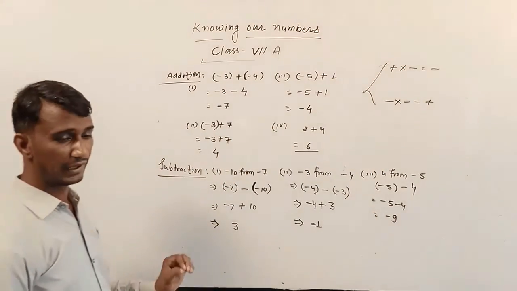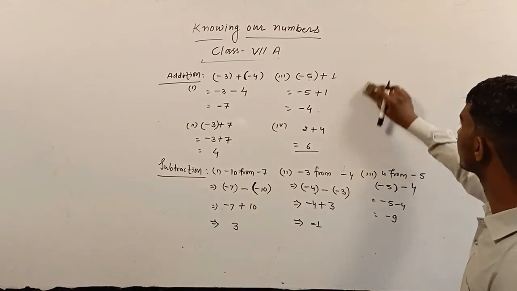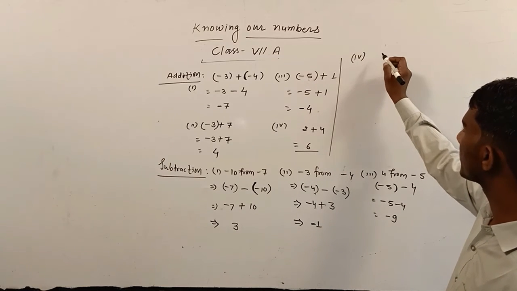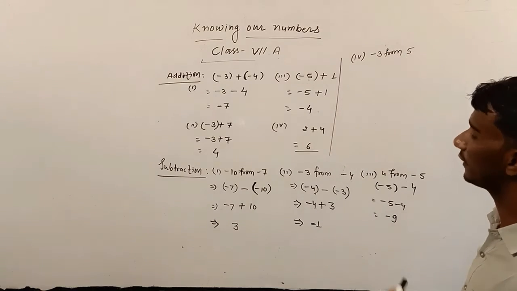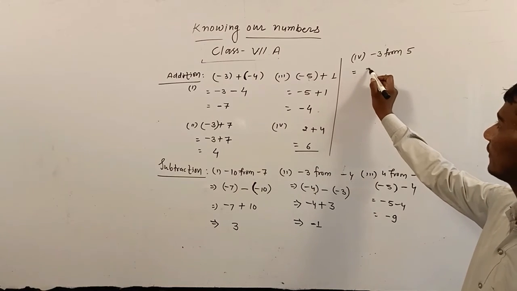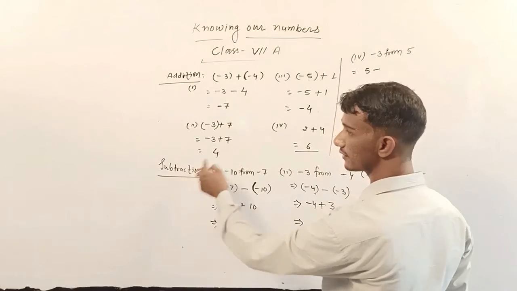Okay, and last and final example related to subtraction. Subtract minus 3 from 5. So first we write 5, after that we write minus. Why? Because the question is saying subtract.